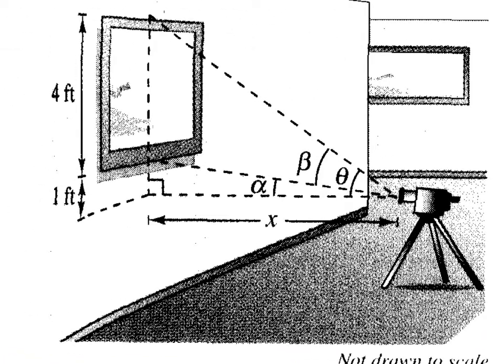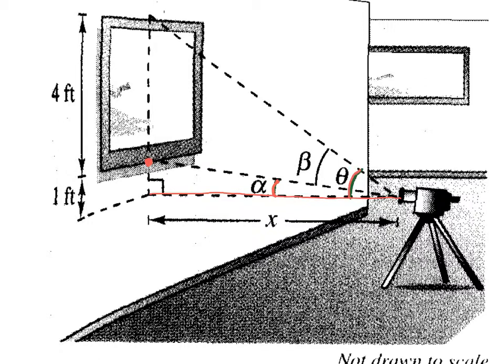in this picture. Theta is the angle up from a horizontal. Alpha, as they've drawn it here, is the angle from the lens. Here's the perfect horizontal. So the angle up to look at the bottom of the frame is alpha.